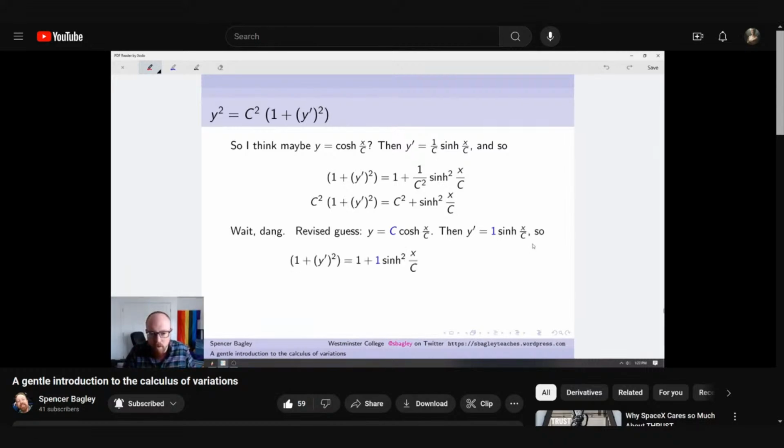And if I add 1 to that, and then multiply by c squared, then I can do that Pythagorean thing, and I get that it is indeed y squared. So hooray. I have managed to guess the solution to this differential equation by looking carefully at the structure and then knowing about the hyperbolic sine and hyperbolic cosine.